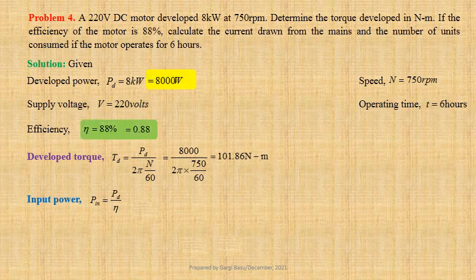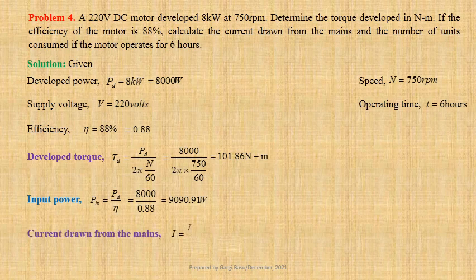Using values we get 8000 divided by 0.88, that is equal to 9090.91 watt. Now we shall determine current drawn from the mains.